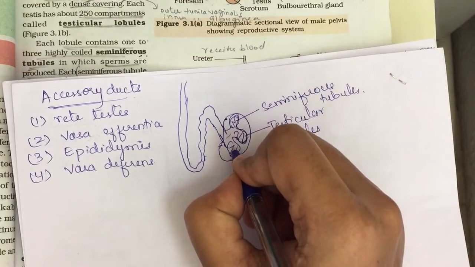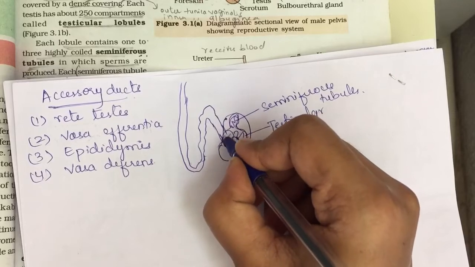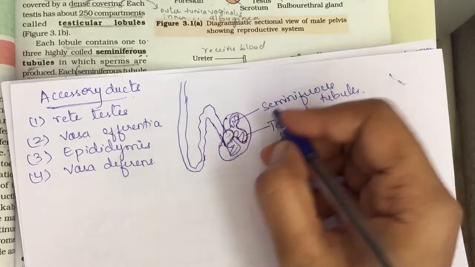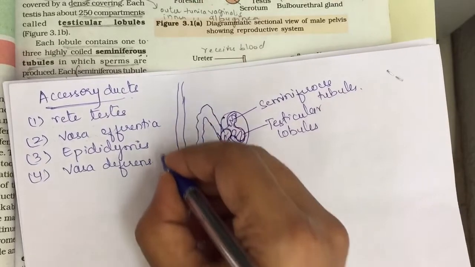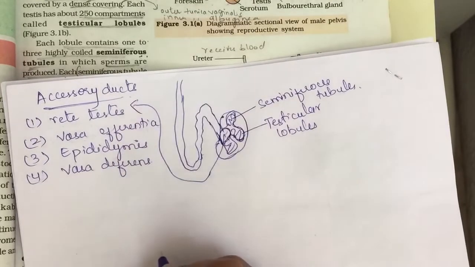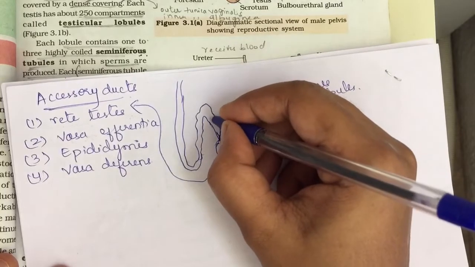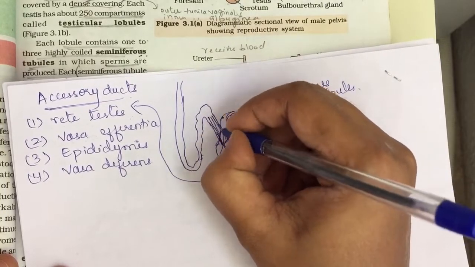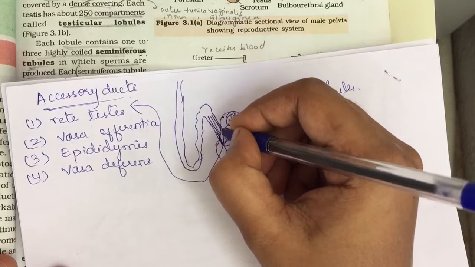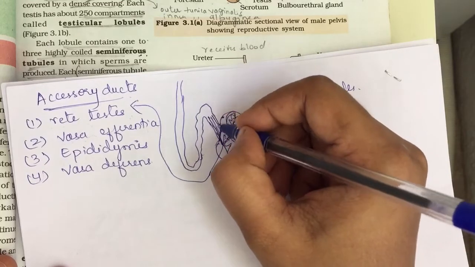Now seminiferous tubules are producing sperms. Those sperms will be stored in this region. That space which you can find, we call it rete testis. Okay, it is the space which is here, called rete testis. Now in this you can find there will be the presence of this kind of structure, like a pipeline. Okay, many tubes are present.